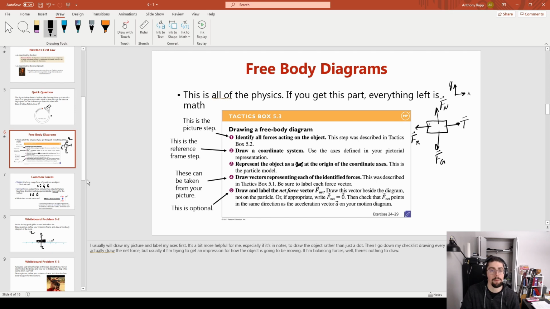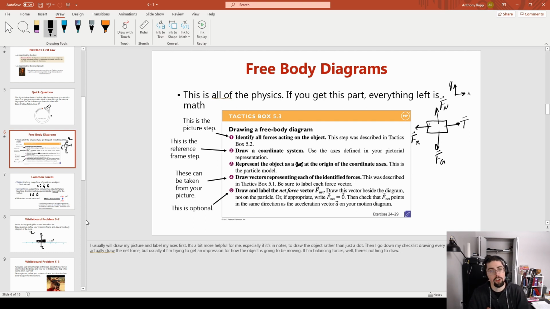I am personally not a big fan of that because I think it kind of depersonalizes the problem for me. If it's not a block or a puck or Cybertruck or whatever it is, if I'm just drawing a dot for every single problem, then it kind of abstracts it too much for me to think about what's really going on. I like to draw the object myself.